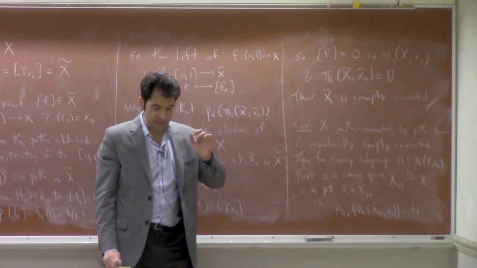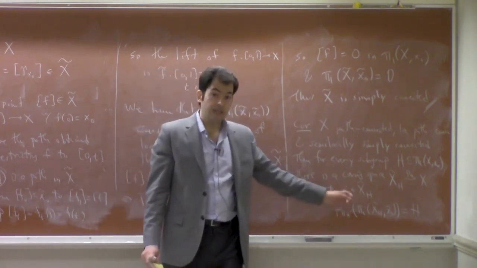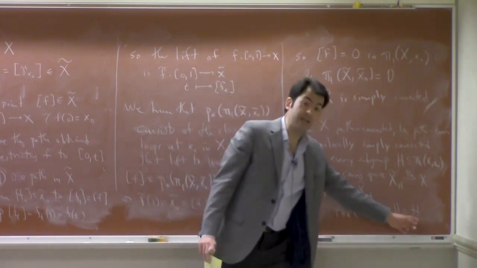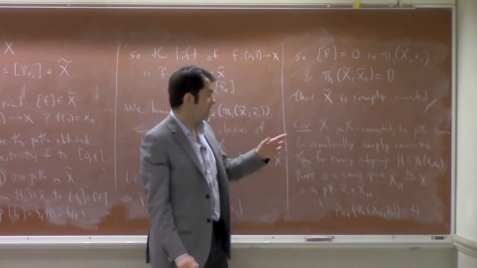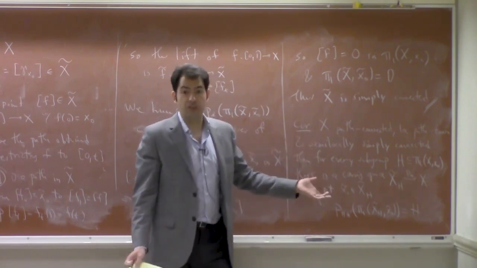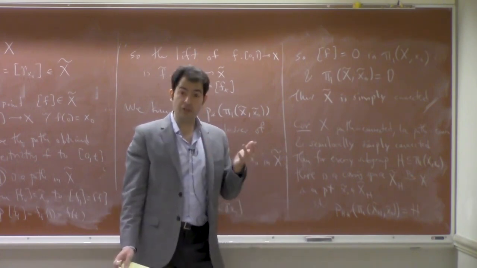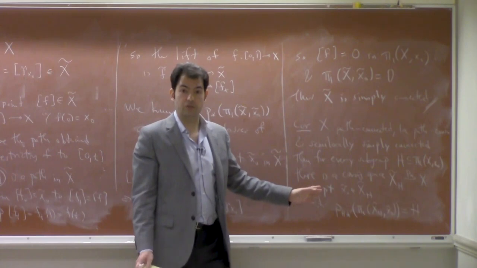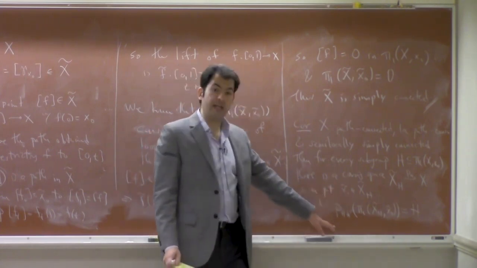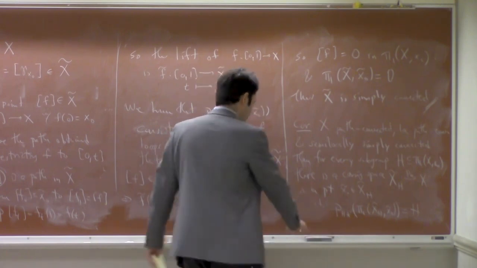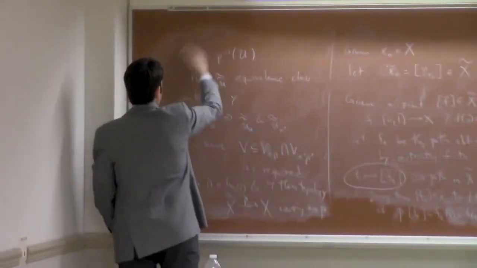So it turns out that if you were to pick another base point, then you're not guaranteed to get this subgroup H. You might get a subgroup conjugate to it within the fundamental group of X. Of course, if H is normal, then that subgroup is again H. But if H is not normal, then you might get something else. Right? But what this says is that if you pick the base point appropriately, then you will get H. For normal subgroups, again, the choice is irrelevant.